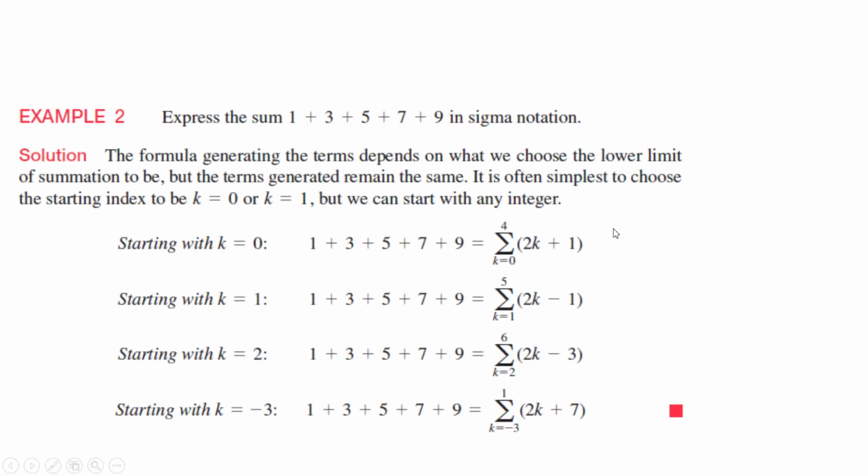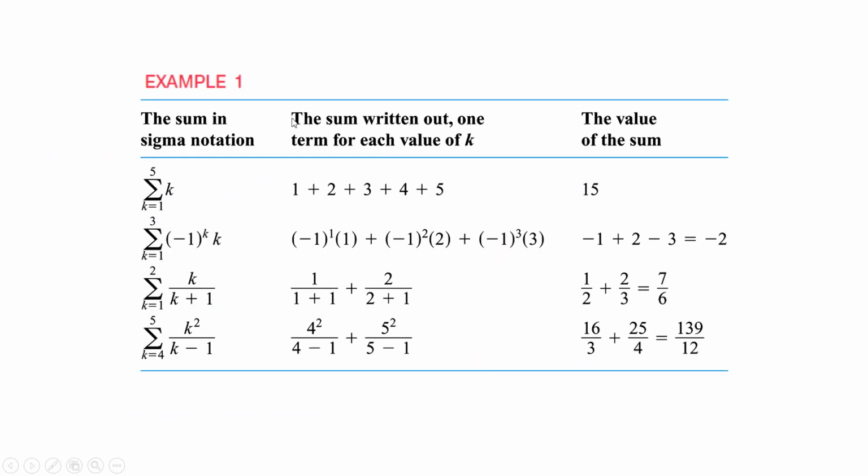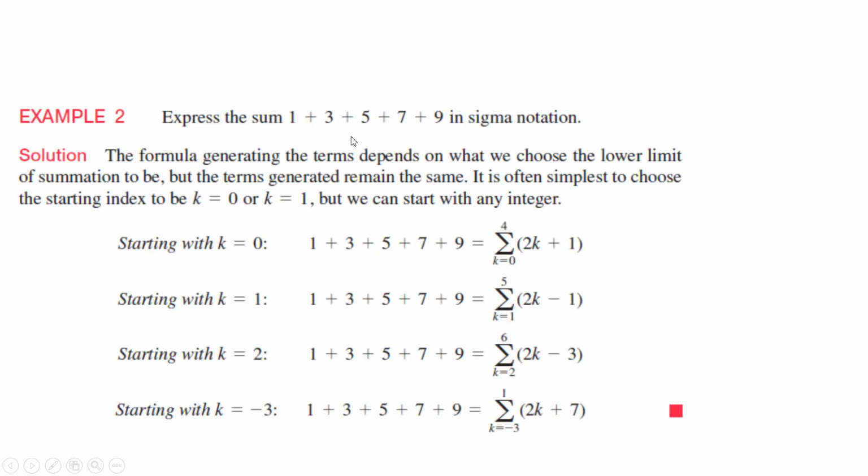So there is another example, express sum in sigma notation. So in previous example, what we did, sigma notation was given, and we expressed it in sum form, and now we have a sum form, and we have to convert it into a sigma notation. That is, we have to find the kth term.